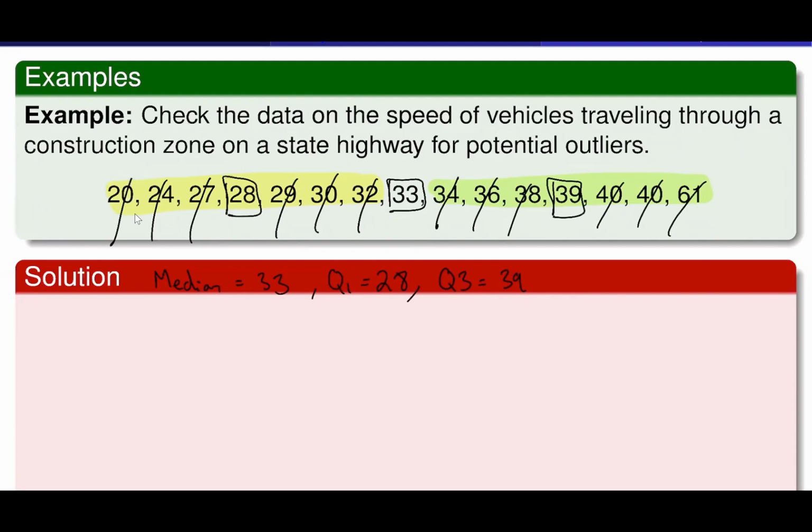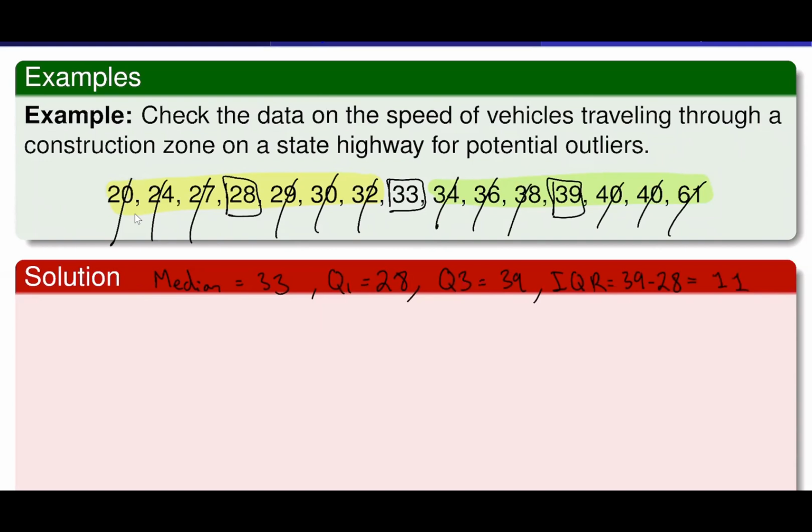All right, up next we're going to find the IQR. Remember, IQR is quartile 3 minus quartile 1. Quartile 3 is 39, quartile 1 is 28. If you do 39 minus 28, we get 11.